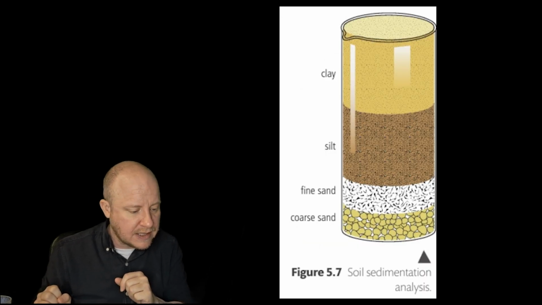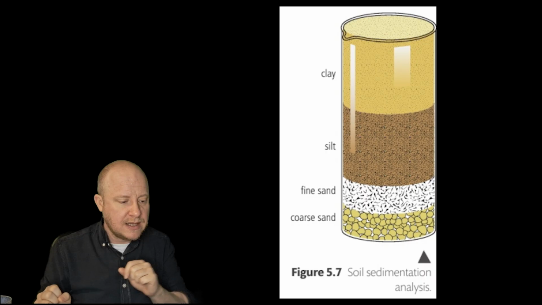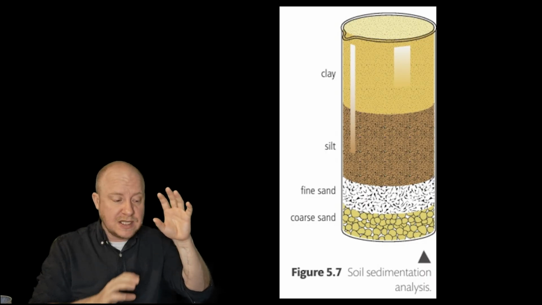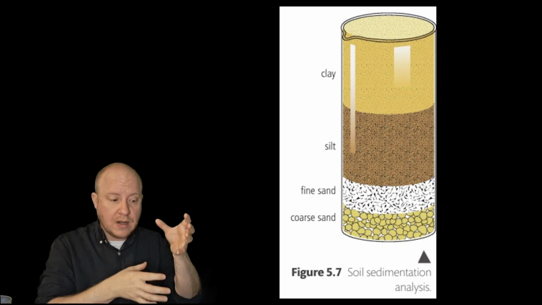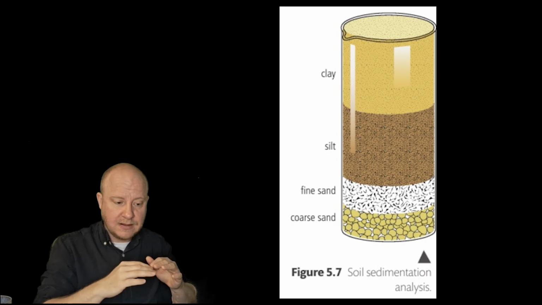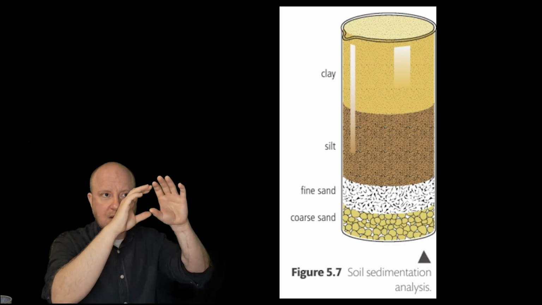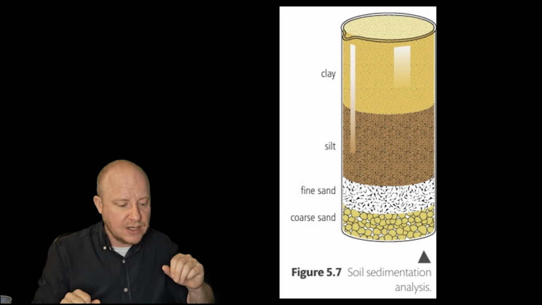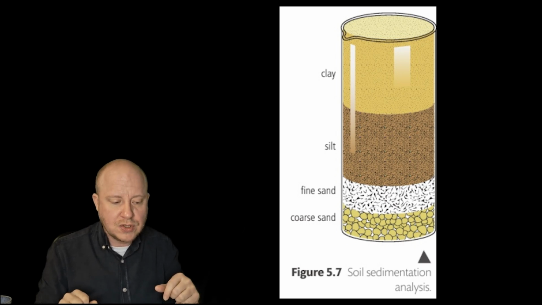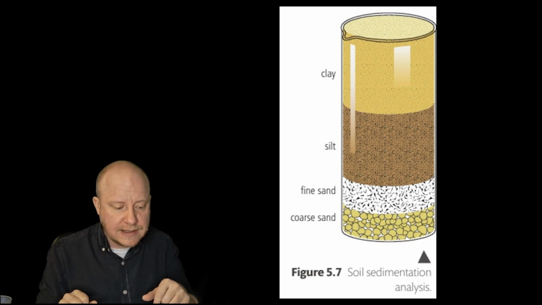Right, so you got sieving, sedimentation. And that's a way of also seeing the different parts. You can sieve it into these parts, or you can put it in a water column and just let it settle and use gravity to separate it out, and that's called sedimentation. You can look at soil moisture content.